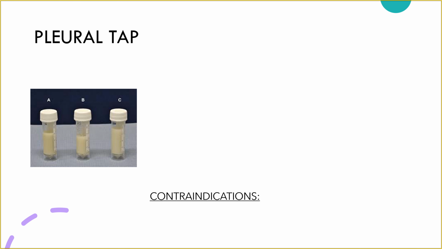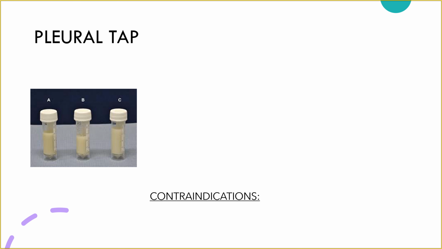So for the pleural tap, we usually collect it in 3 bottles, and we also collect the effusion in a syringe, which is the blood gas syringe, to look for any pH changes, which are important to determine whether the effusion is exudative and whether the patient needs a drain.